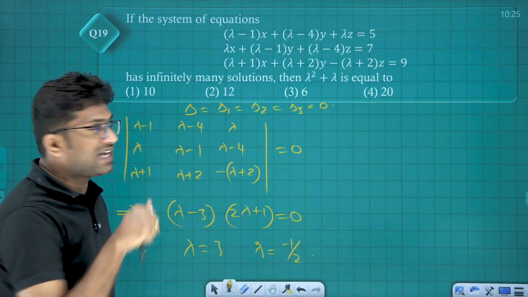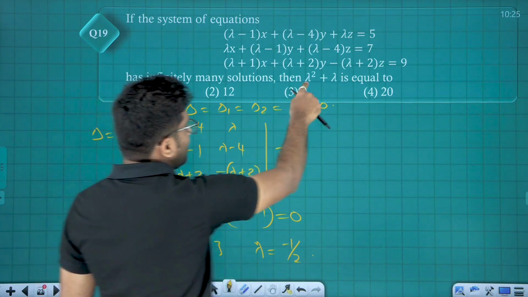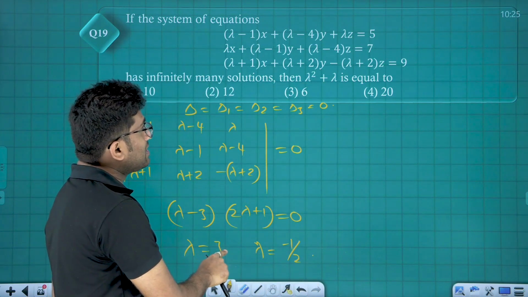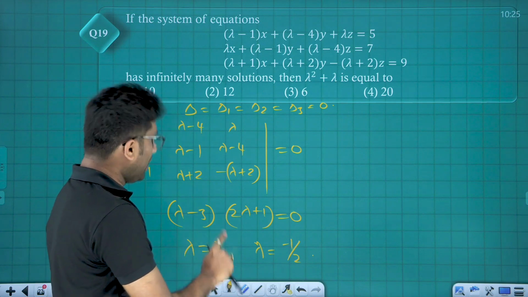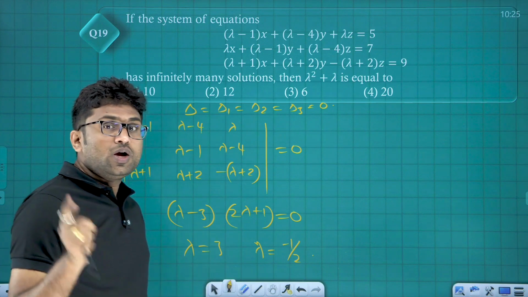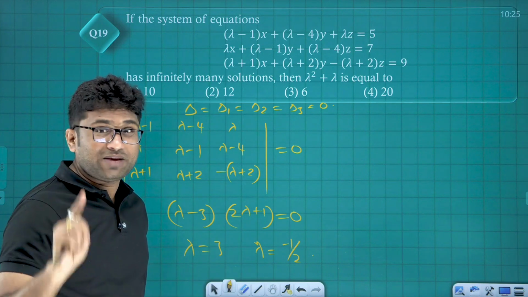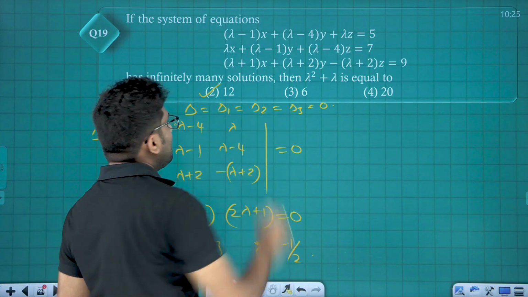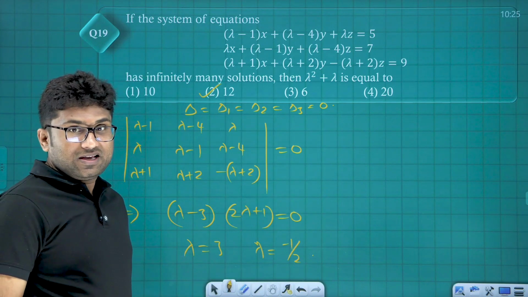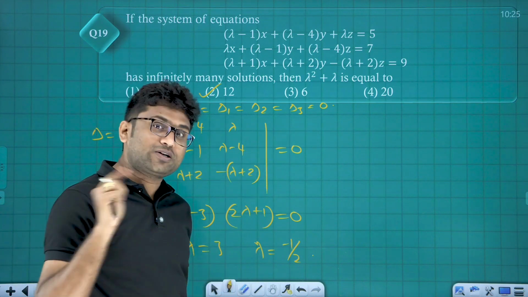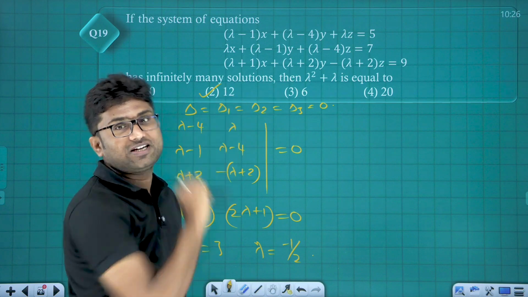But in this case, see friends, they are asking us to find lambda square plus lambda. If lambda is 3, lambda square plus lambda is 3 square, 9 plus 3, 12. 12 is in the options. If lambda is minus 1 by 2, 1 by 4 plus 1 by 2, which is 3 by 4. 3 by 4 is not in the options. So you can just take lambda equals 3. If there were options like 3 by 4 also, then for sure you are supposed to go with another determinant.